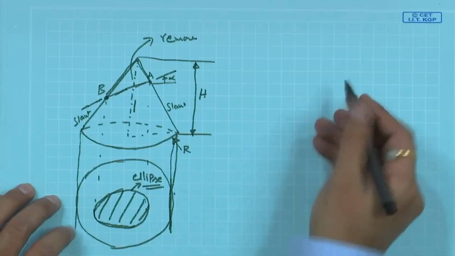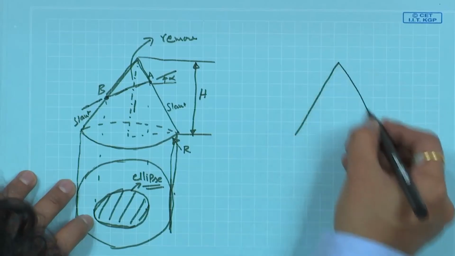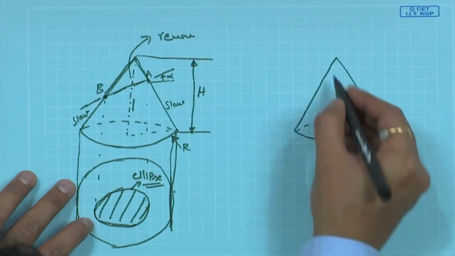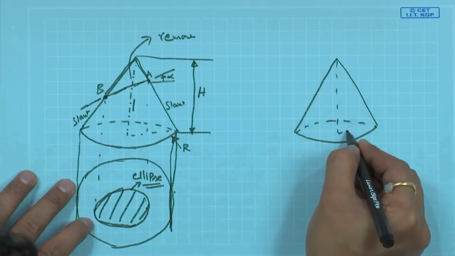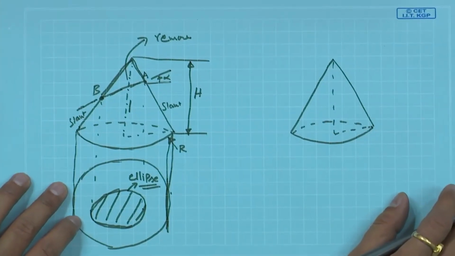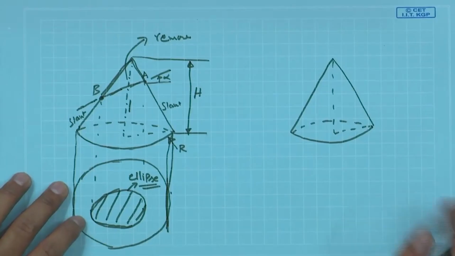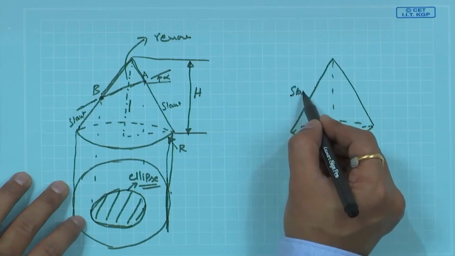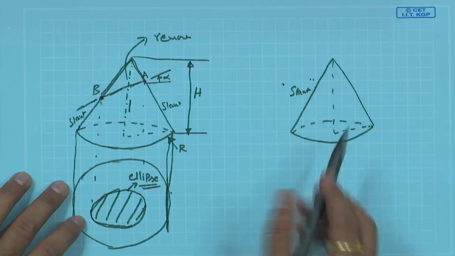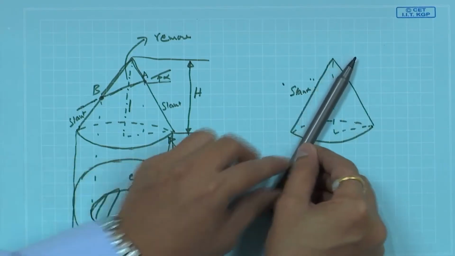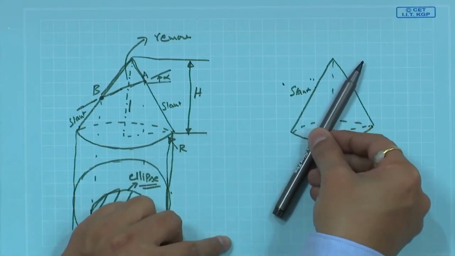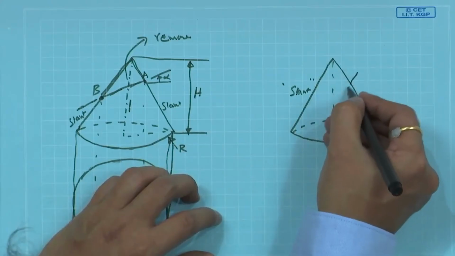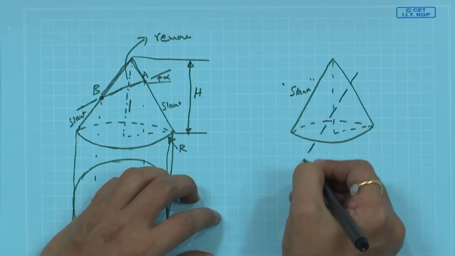So, let us look at the other inclined section for the same right circular cone. Now, in this case, parallel to one of the slants, this is the slant edge, parallel to this slant, if we are making a cut section, we have to move parallel to that and make a cut section.